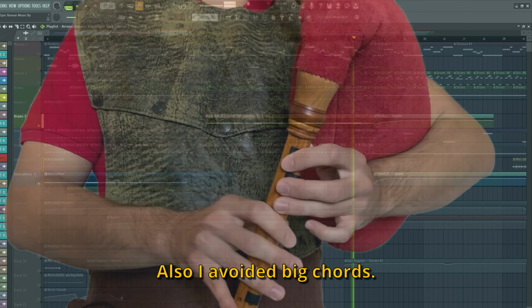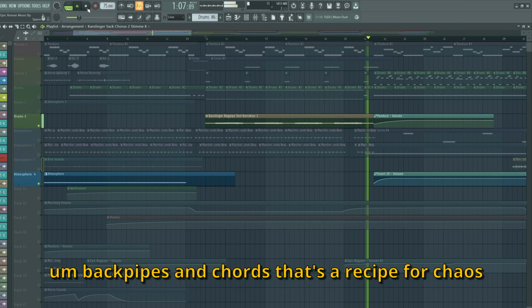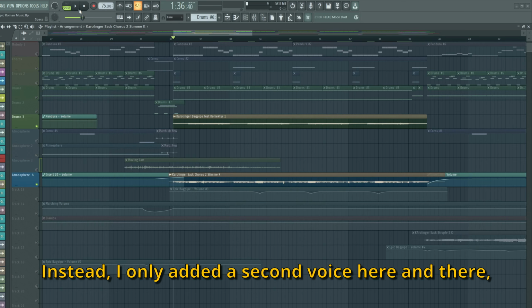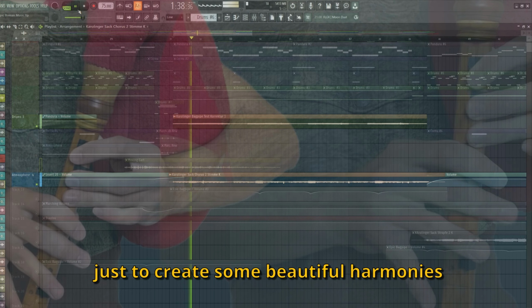Also, I avoided big chords. Bagpipes and chords, that's a recipe for chaos. Instead, I only added a second voice here and there, just to create some beautiful harmonies that support the main melody.